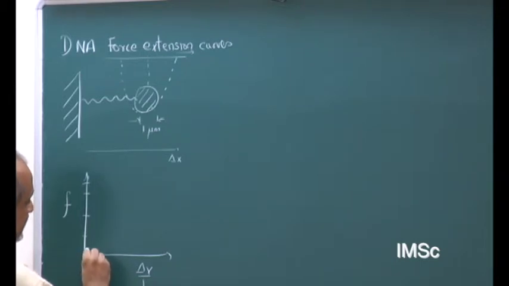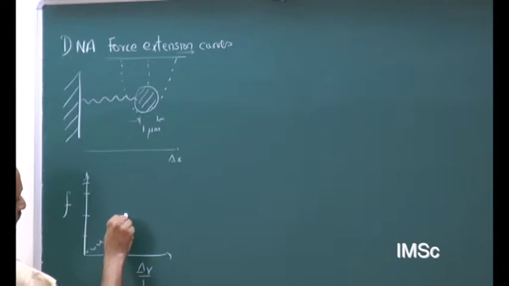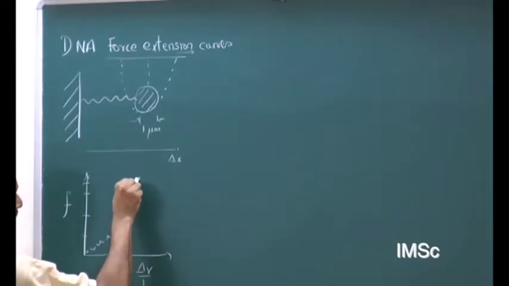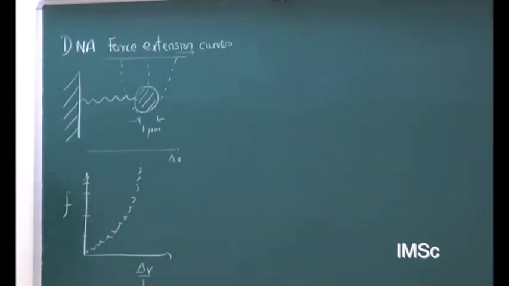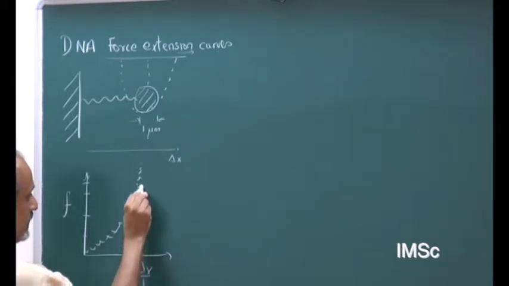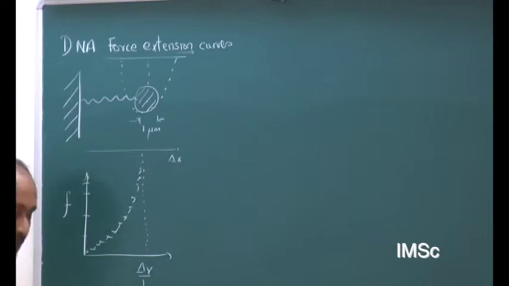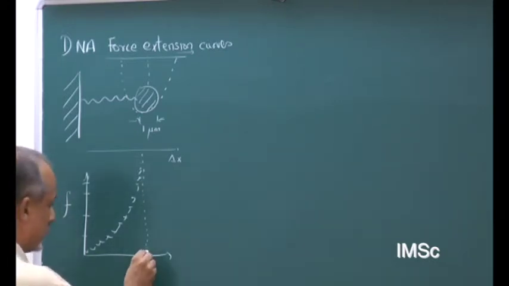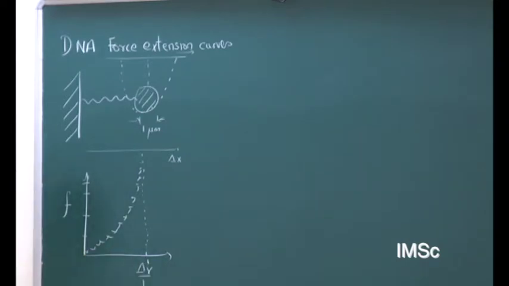The curves that you get look a bit like that. Okay? The maximum extensibility of DNA is such that delta x divided by L has to be less than or equal to 1. So this is 1 over here, and this is what the experimental data actually look like.